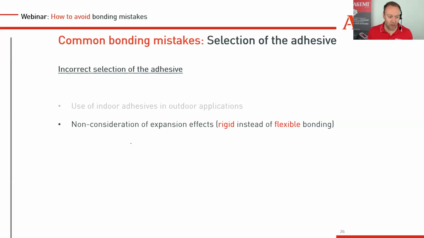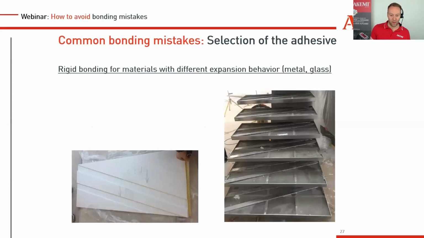Then, as I explained earlier, non-consideration of expansion effects. You used a rigid glue, so a solid epoxy glue, for maybe a bonding of 2 different substrates, like steel to stone, and there was some movement, some expansion of the metal, and then you can have a problem.